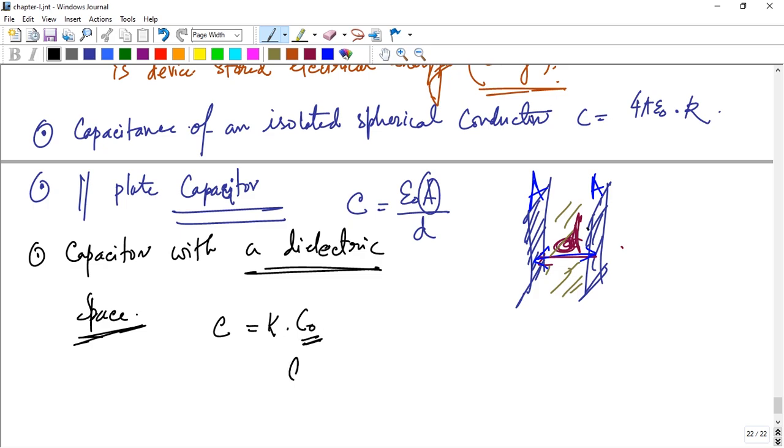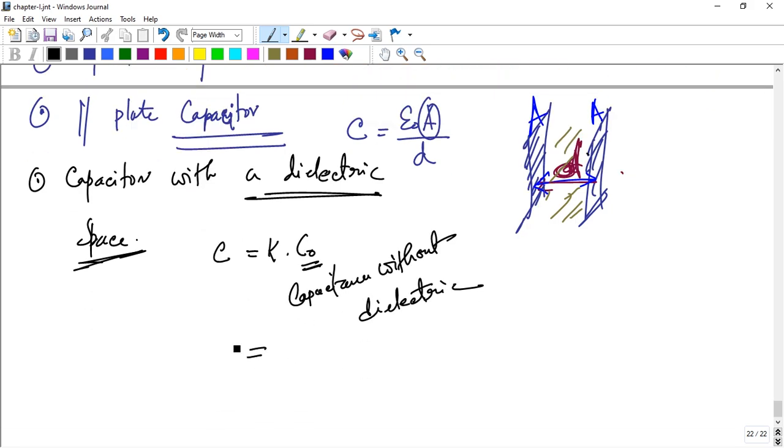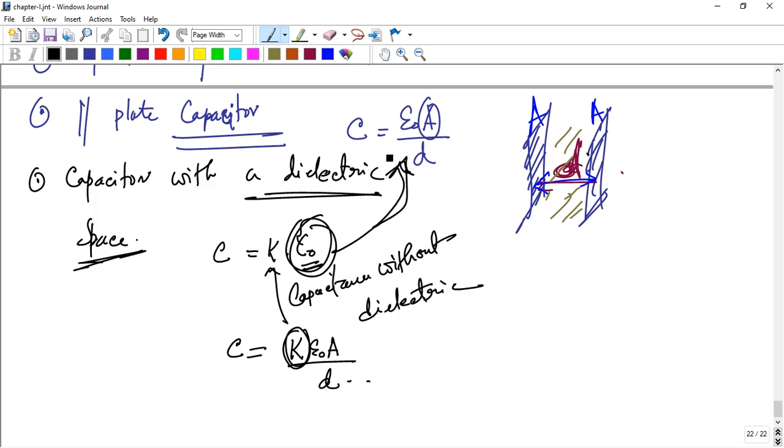So C equals K epsilon naught A by D. That's the K. And C naught is the value epsilon naught A by D, for the capacitor with air between the two plates.